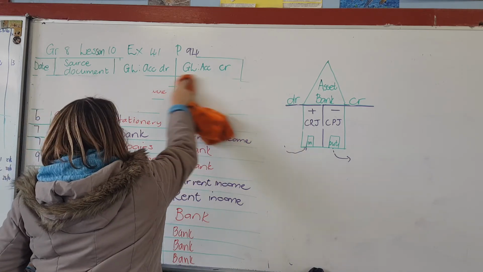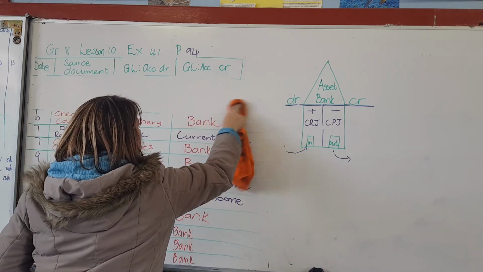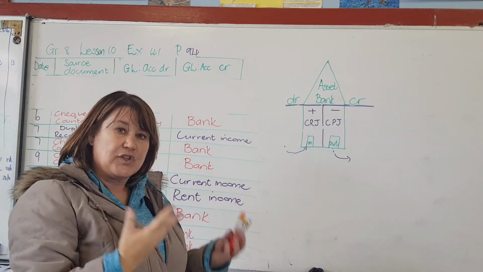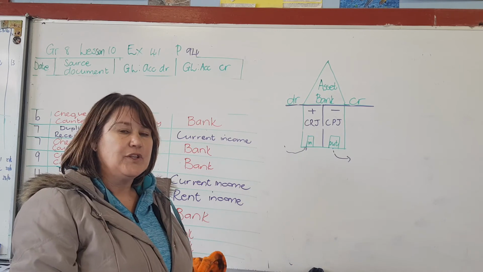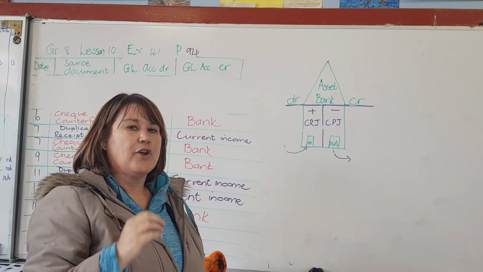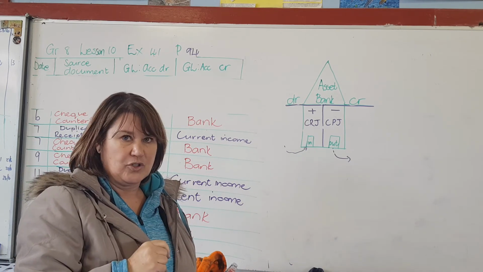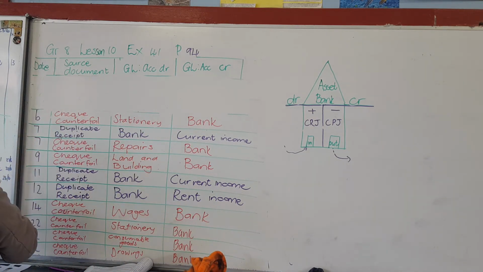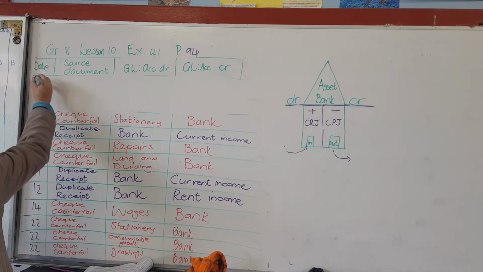Because the bank is also a business, and they render a financial service to the business, they're going to charge them bank charges. So let's first look at the first one. There are two transactions on the 30th.